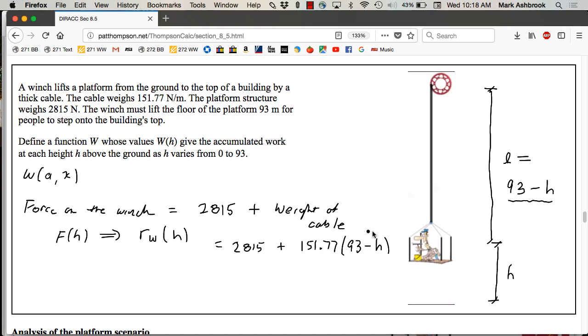All right? So let's just start with the work for h. Can we write the function now? What would it be? Julie, what would the work function be?